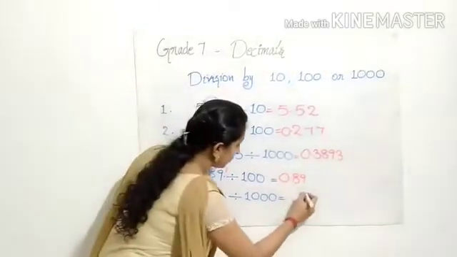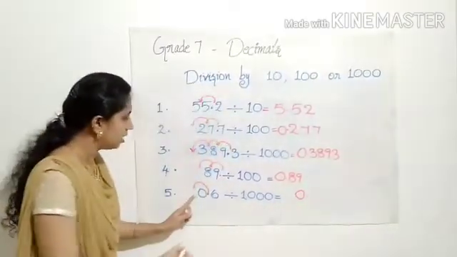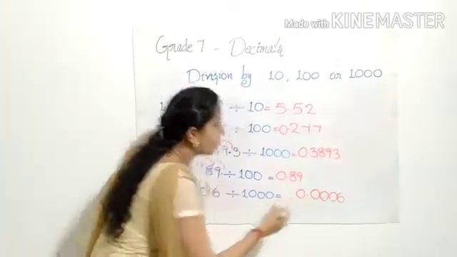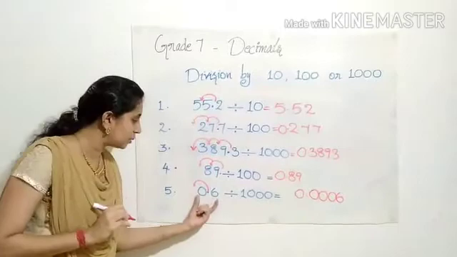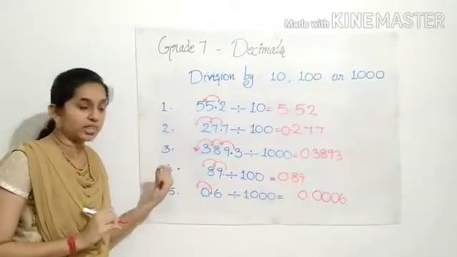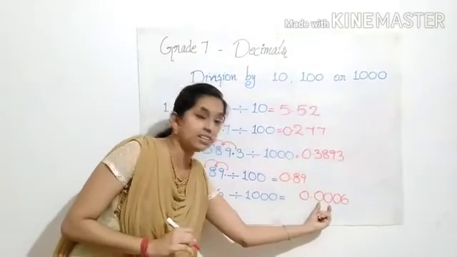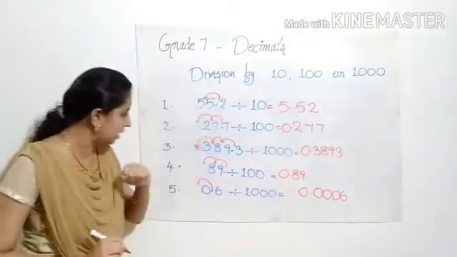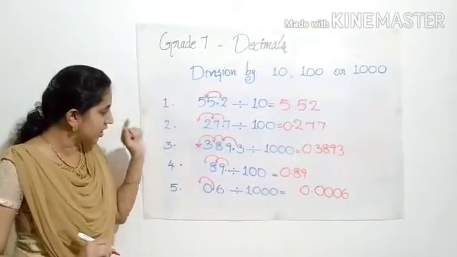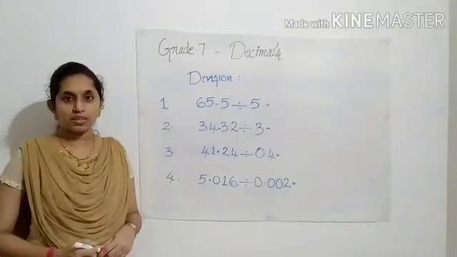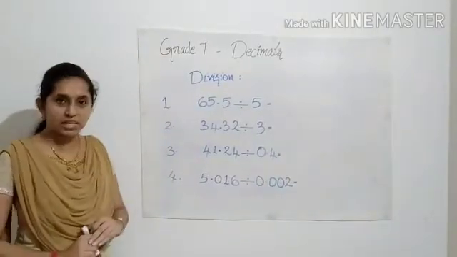That means 0.0006 will be the answer. Actually it was 0.6 and since we have to jump 2 more times, I have written 2 more zeros here. I hope it's clear to you. So the answer becomes 0.0006. Now let's move on to the next set of questions.